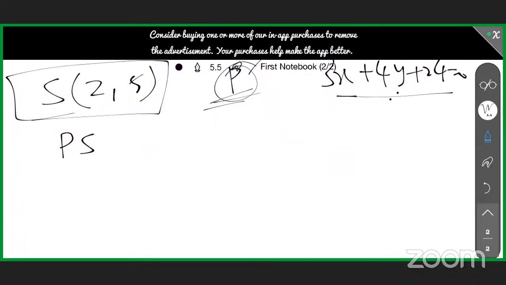So first, what do you mean by a distance of a line to the point?